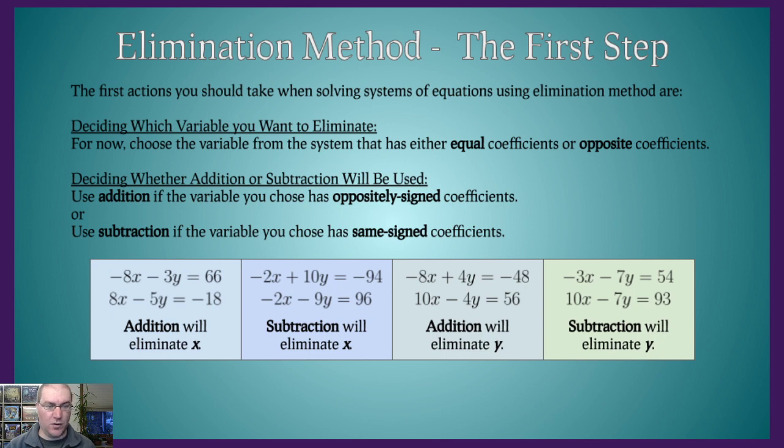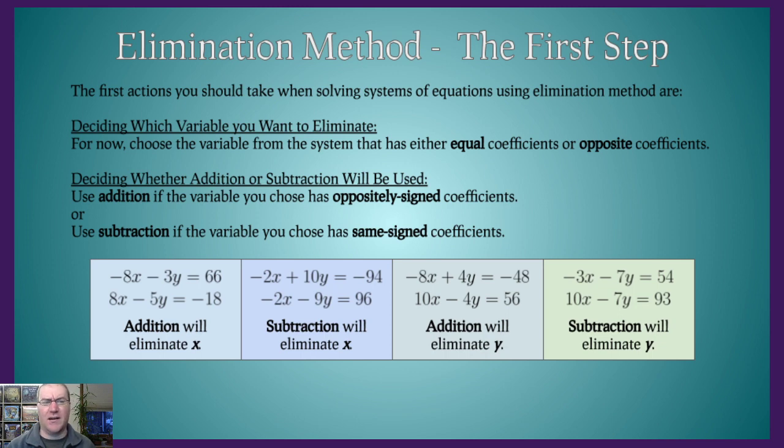You'll notice in all 4 of these examples, since these are introduction problems, the variables will either be matching each other or they'll be opposites of each other. Not both variables, just one variable in each equation.